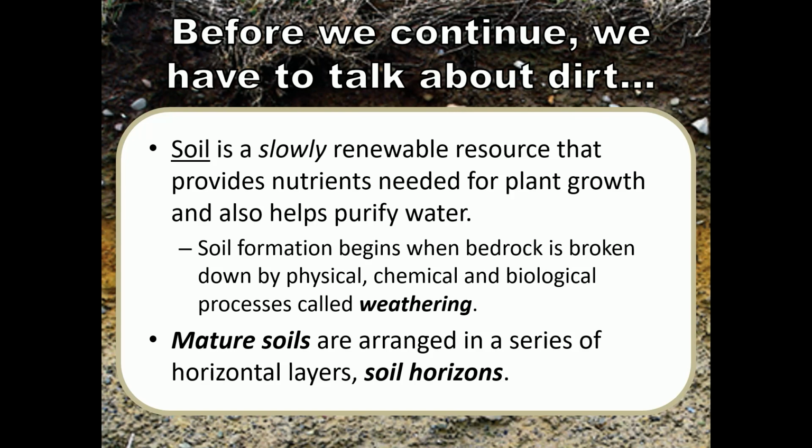So you start to get a little bit more organic material, a little bit more biological material mixed in there, and it becomes a little bit more like that topsoil that we're familiar with in forests. Now, once enough of a layer of that dirt can build up, you can get slightly larger plants to start setting up shop.